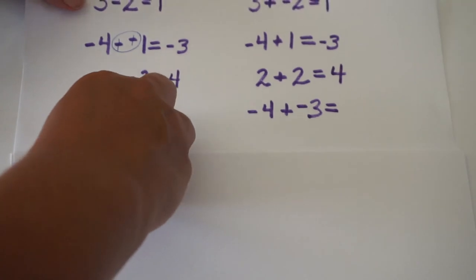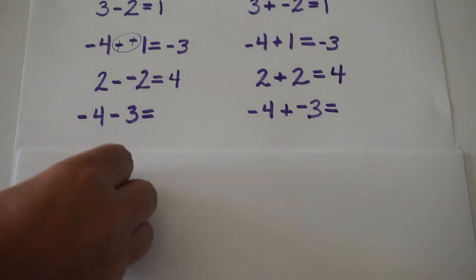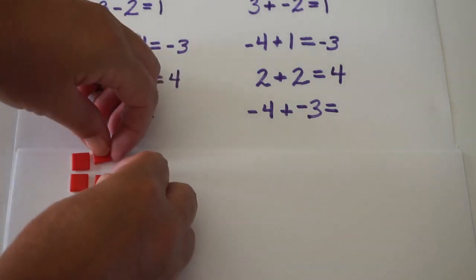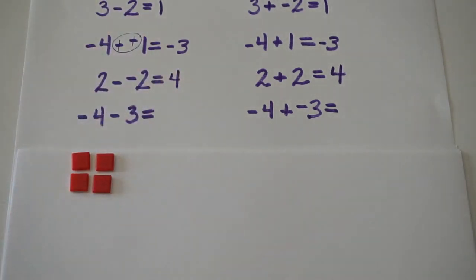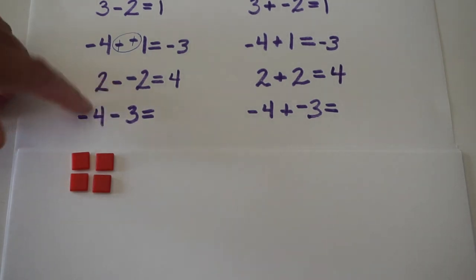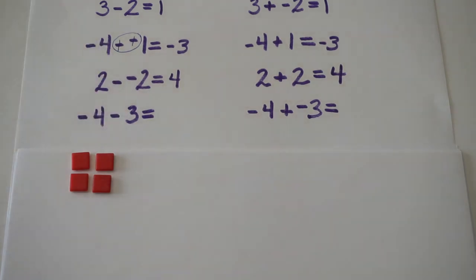Moving on to our last example, we have -4 minus 3 and -4 plus -3. We are going to do the takeaway model for subtraction. So here is our -4, and I need to take away 3 positives. I don't have 3 positives there to take away. So again, we add in some zero pairs. That's -4.